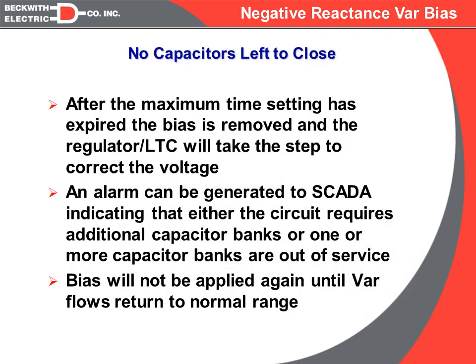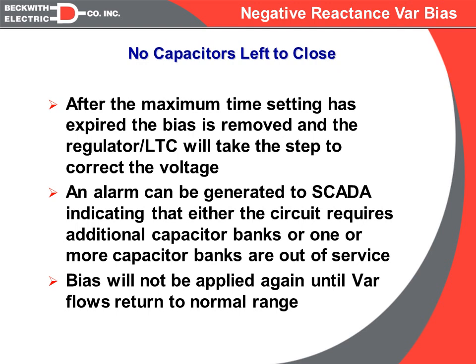So if we look at it, with VAR bias, after a maximum time setting, if we have not come back in, then we will remove the bias. In other words, if we were leading and we raised our upper band to allow a cap bank time to open, after a finite amount of time, if the bank did not open, thus having us see less leading VARs, the control will remove the bias, it'll be out of band, it'll take the tap, but then it'll generate an alarm to SCADA indicating that it attempted to bias due to the VAR flow and did not see the VAR flow change.